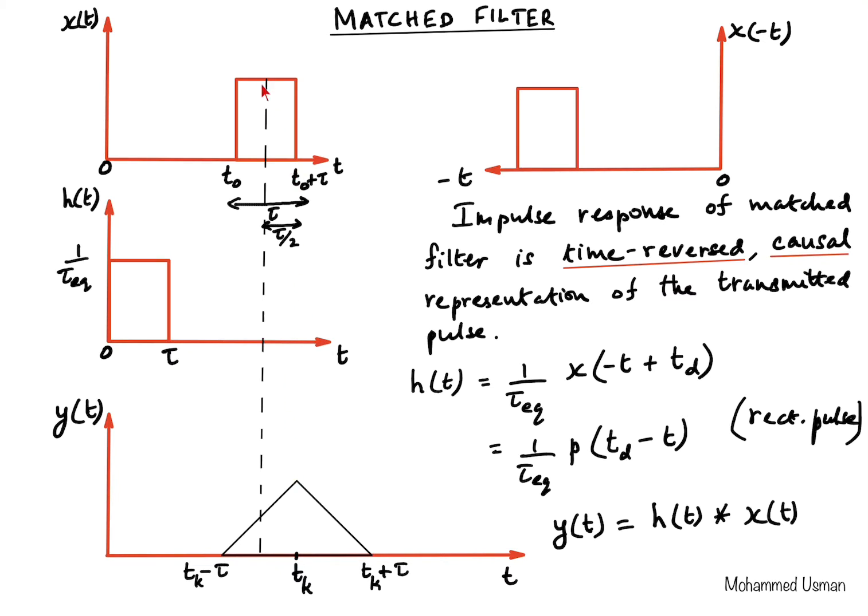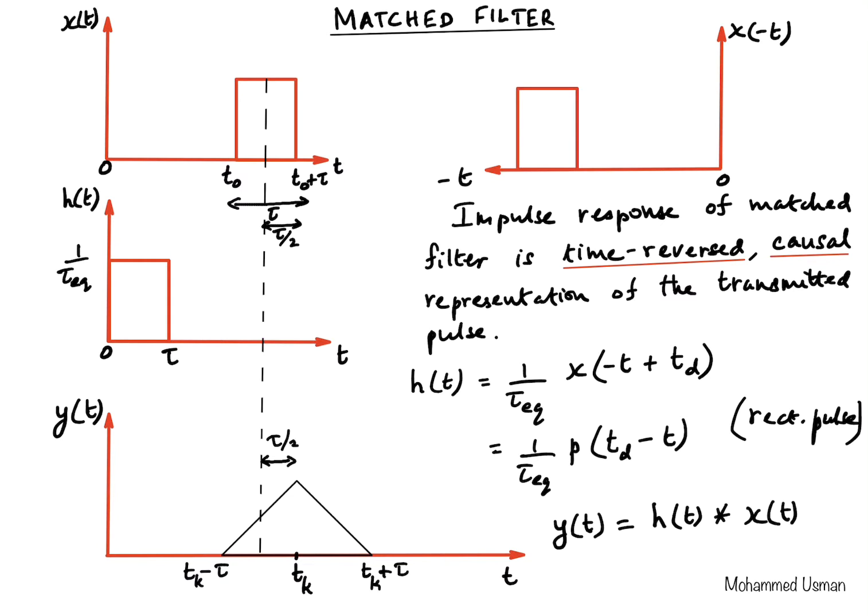In the case of a rectangular pulse, it has a maximum peak throughout the pulse, but there are other pulse shapes where the peak happens in the middle. So if we take the middle of the input pulse and compare it with the middle of the output of the matched filter, there is some delay. The peak of the output occurs after some delay from the peak of the input, and that delay is exactly equal to tau by 2. So from the peak of the input to the peak of the output, there is a delay of tau by 2.